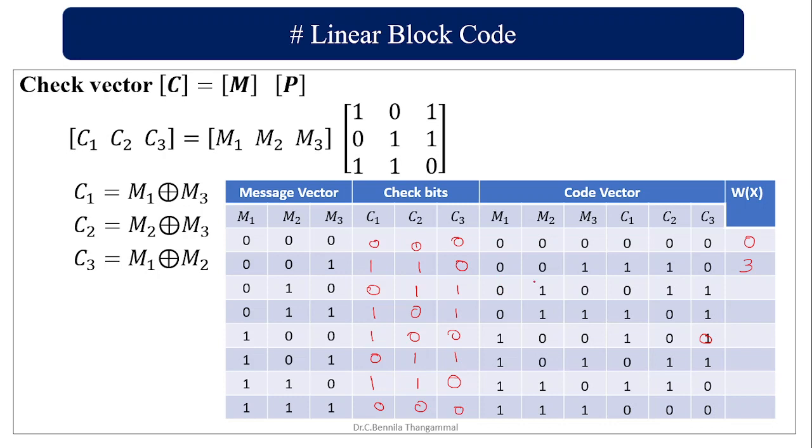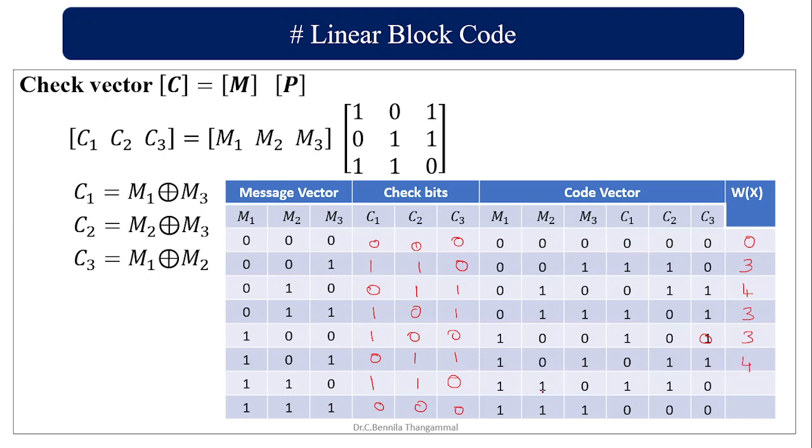And then for this one, 1, 2, 3, 4, so your Hamming weight is 4. How many bits get varied with the previous code vector? It's going to be 1, 2, 3. And for this one, 1, 2, 3. For this one, 1, 2, 3, 4.